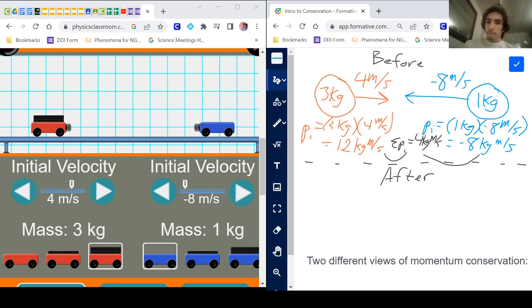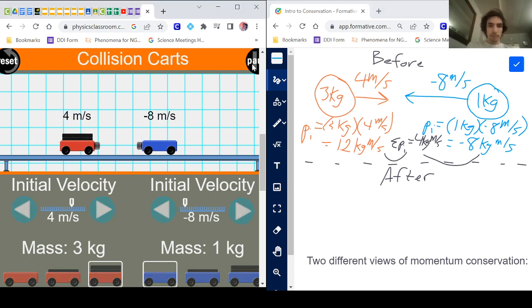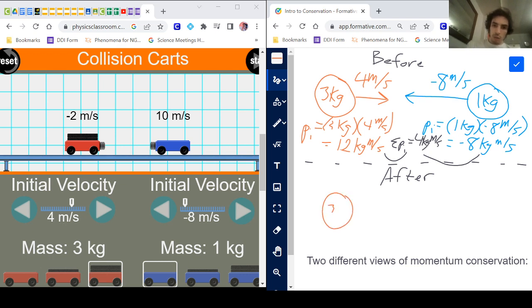Okay. Now let's allow these carts to collide, and then I'm going to pause it right after so that we can collect the after data. Okay. So, things have changed here. Now we still have the same mass of this 3 kilogram object, of course. So still 3 kilograms. However, now its velocity is negative 2 meters per second.